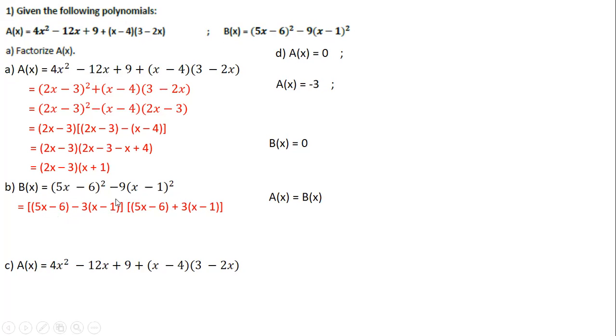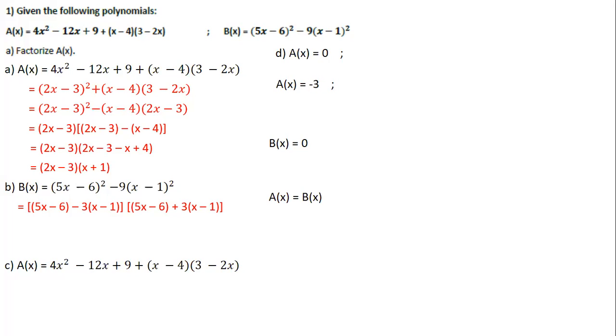Now let's get rid of the first bracket. Go ahead Adam, what do I write? 5x minus 6 minus 3. Multiply 3 by x minus 1, what does it become? Minus 3 times x, what is the answer?